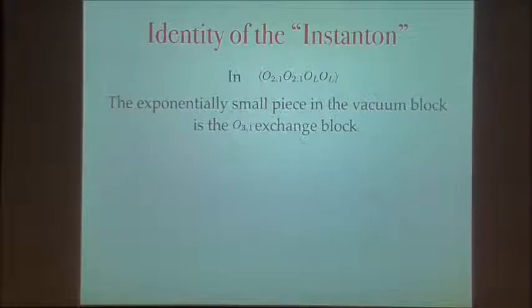It looks like, instead of exchanging the vacuum and its descendants here, this exponentially small piece looks like another conformal block that exchanges the heavy state with all its Virasoro descendants in this coordinate. But of course, I have to emphasize that we are not looking at this conformal block at all. This just shows up as a piece of the vacuum block.